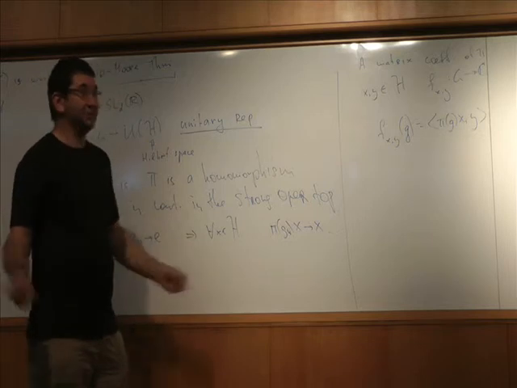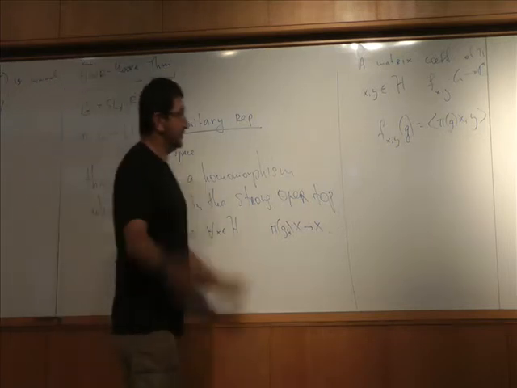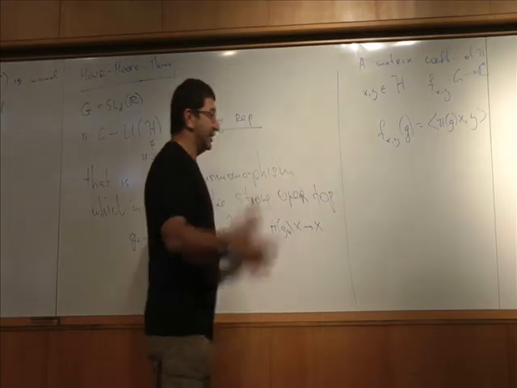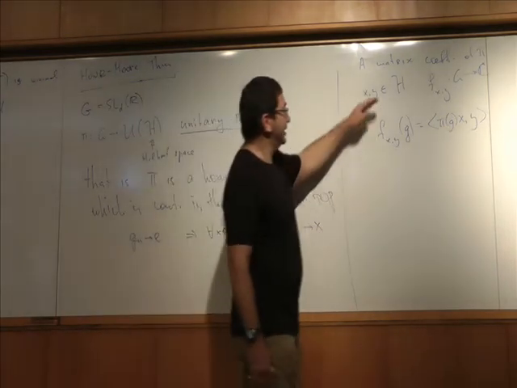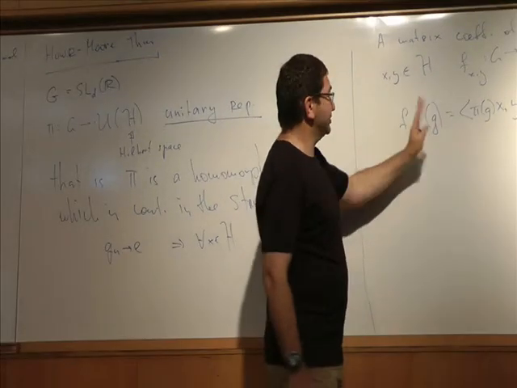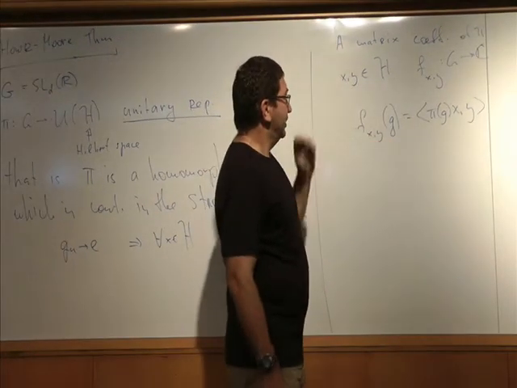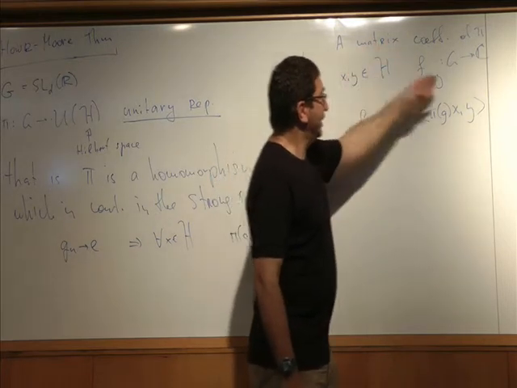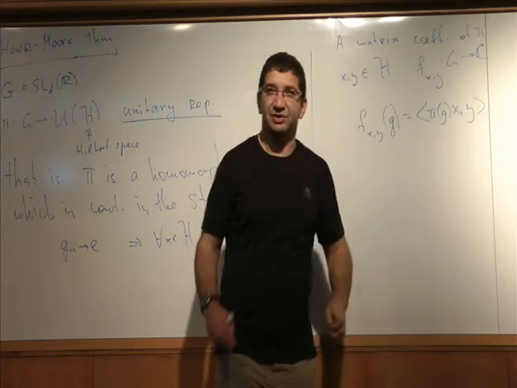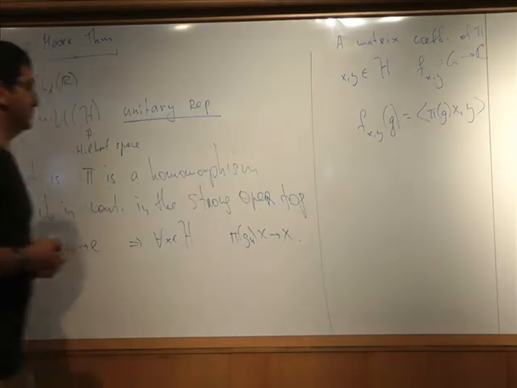Since you don't want to choose a basis, and this is an infinite dimensional Hilbert space, instead of writing down infinite square things, you just look at all possibilities for various x and y's, and each of them defines you this thing. But this being a group, you fix x, y for a moment, and you look at this as a function of g. Okay, so such a thing is called a matrix coefficient.